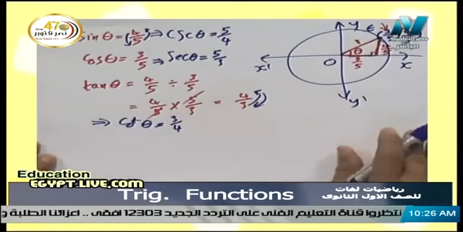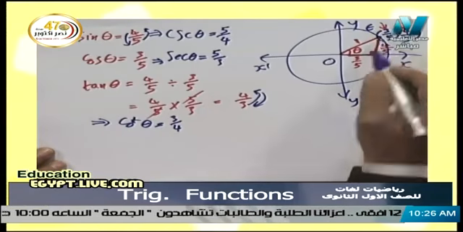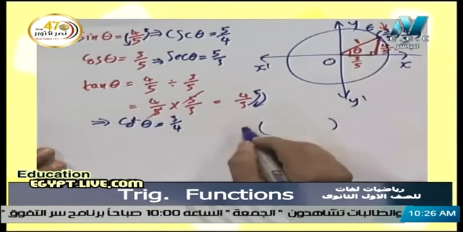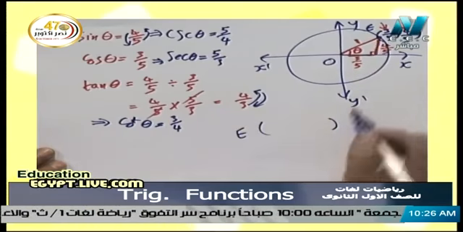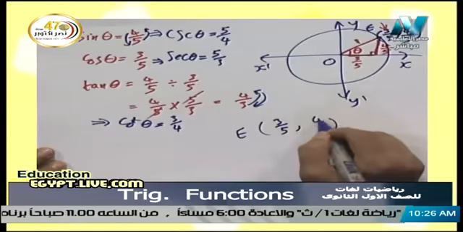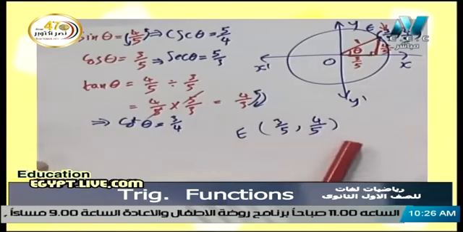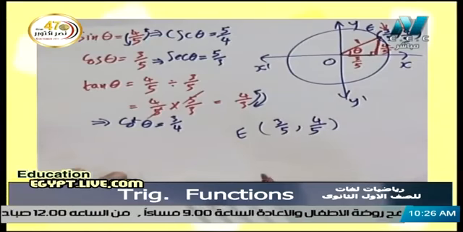Okay, so we have a point on the unit circle, this point called E as example, and it is 3 over 5 and 4 over 5. We can from this point find the trig functions.